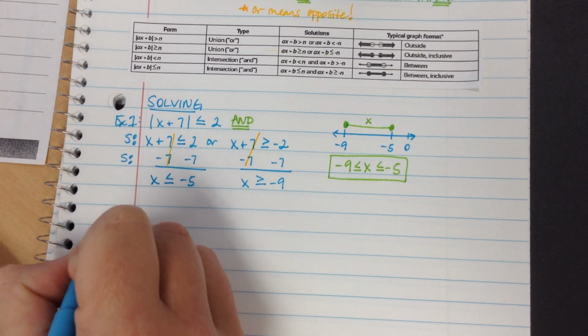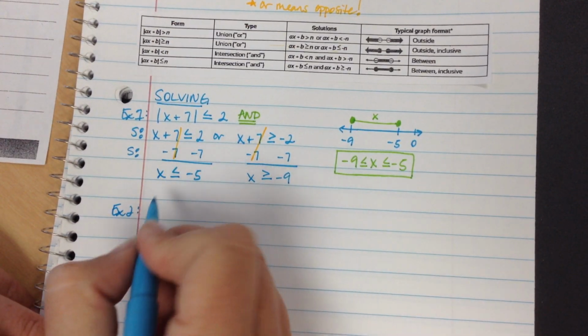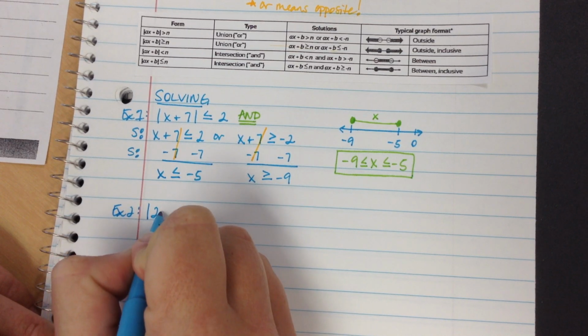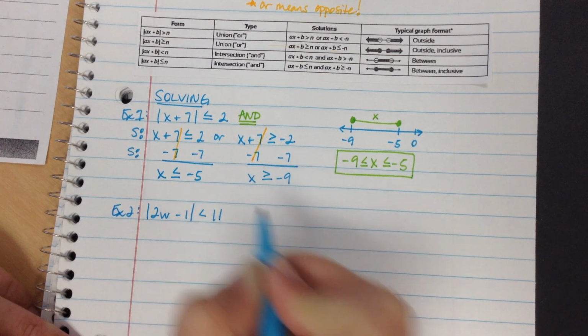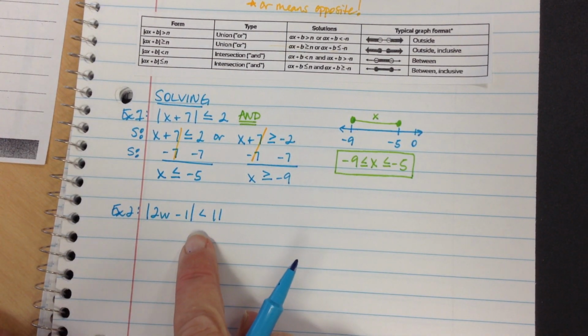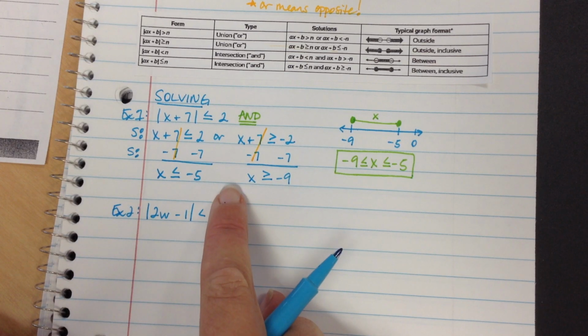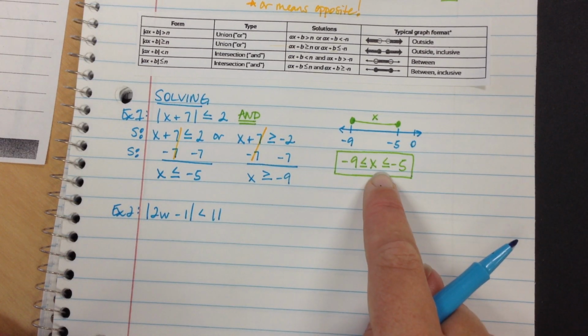Okay, example 2. Absolute value of 2w minus 1 is less than 11. I want you to pause this video and complete this problem on your own. If you have any questions, I want you to refer back to example 1. It's going to work the exact same way. Don't forget to graph it and give your inequality.